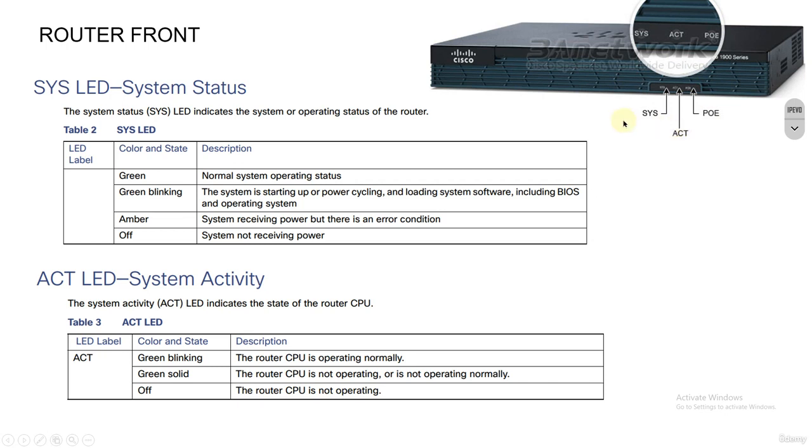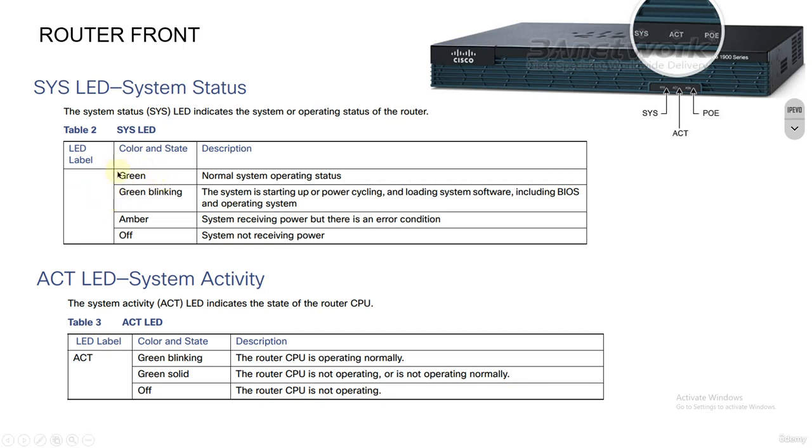So as the name suggests, SYS has to do with the system. As it is mentioned here, the system LED indicates the status of the operating system of the router. It will look into the POST, power on self-test, and then look into the IOS, whether it is working fine or not.